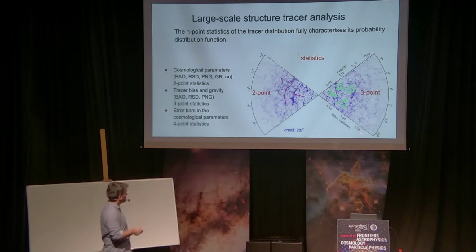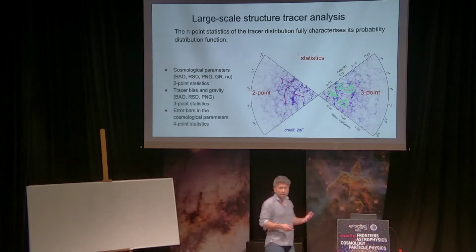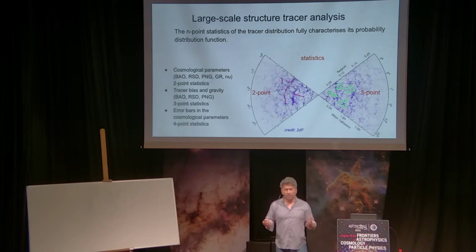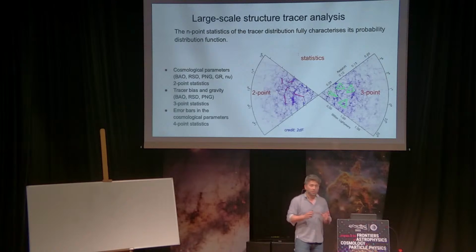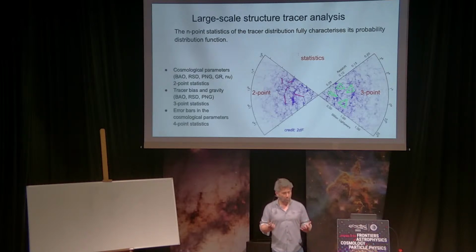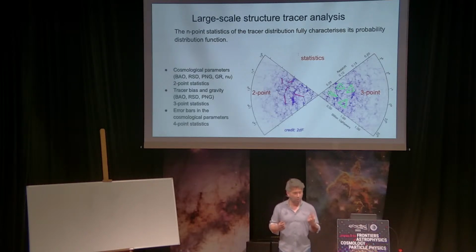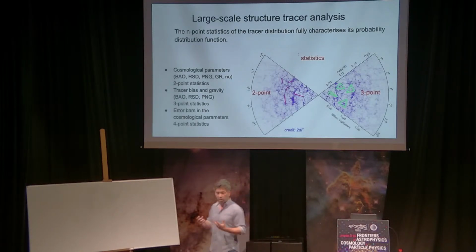Now, as it has been already explained, they help us as standard rulers, and those are pretty big scales. If you want to be robust in your statistical analysis, you don't want to reduce the volume of your survey. You want to exploit all of it. And that's a problem, because you just have one realization. It's not the same as if you study galaxy evolution and you look at all the galaxies you have at different redshifts.